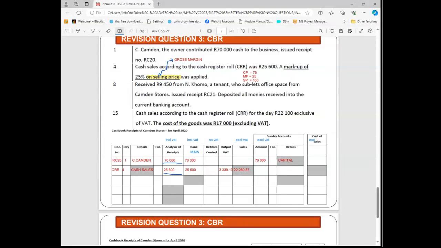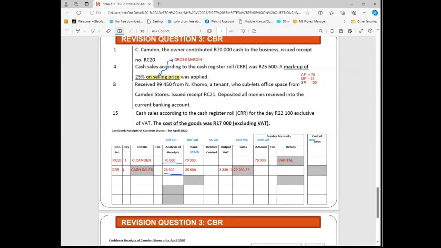So now with this analysis, we can calculate cost of sales. How do you think we're going to calculate cost of sales? We can put question marks. Where must I put the question mark here? By the 25%? What are you looking for?